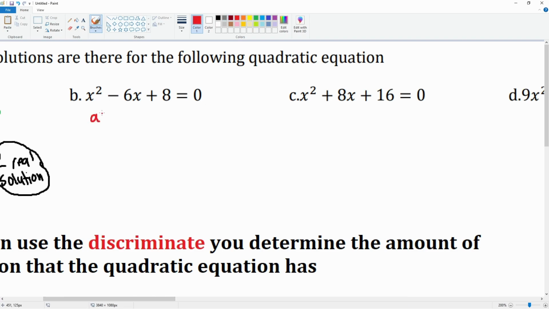Let's label it: a equals 1, b is -6, and c is 8. We plug it into the discriminant: b squared, so -6 squared, minus 4 times a, which is 1, times c, which is 8.